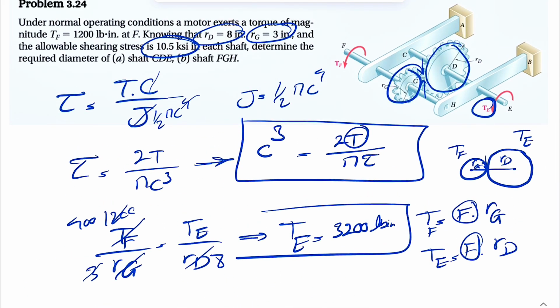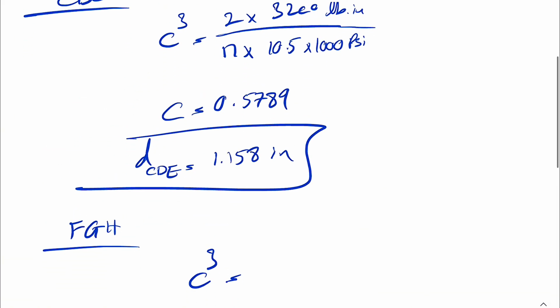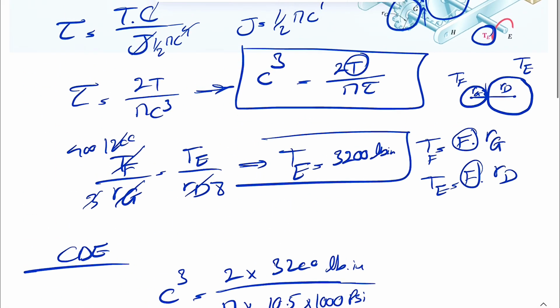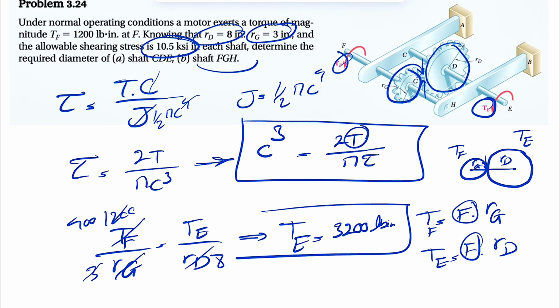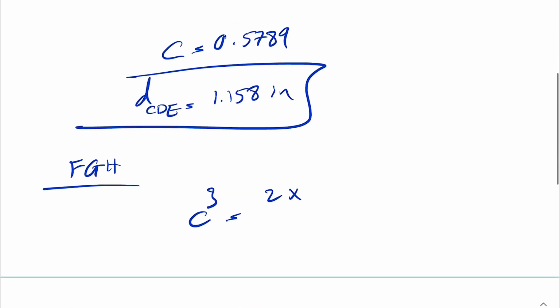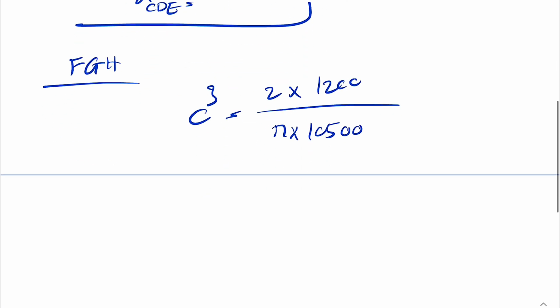And for the B part, we need to figure out shaft FGH. So our c cubed this time, we just have a different torque. The torque this time for member FGH is going to be TF, which from the question we know is 1200. So we're just going to put that 1200 in here. The rest is the same, 10.5 ksi.